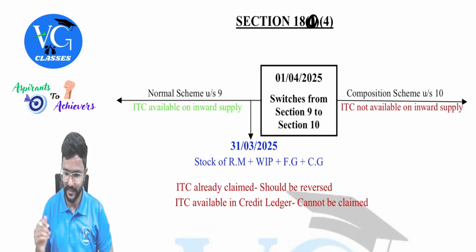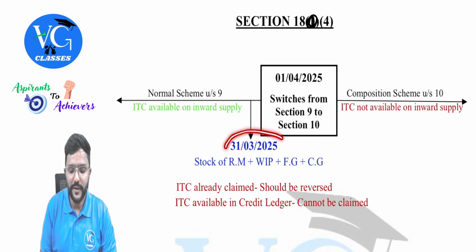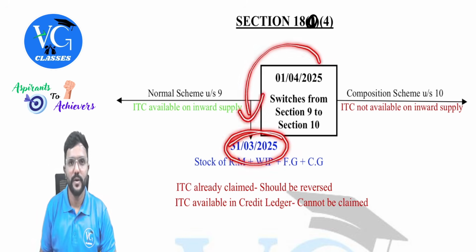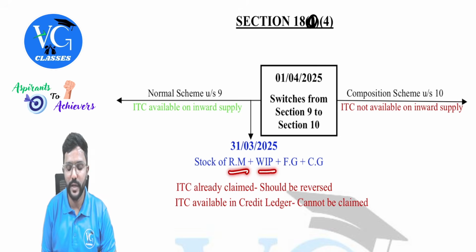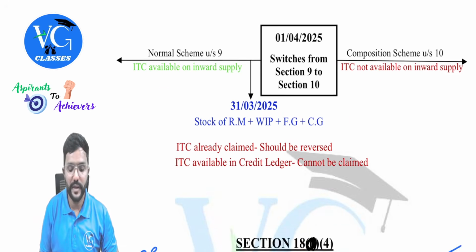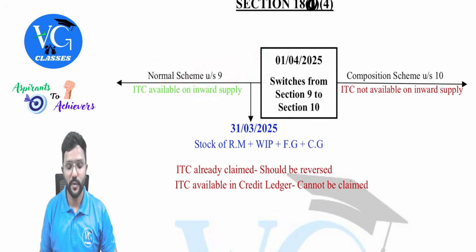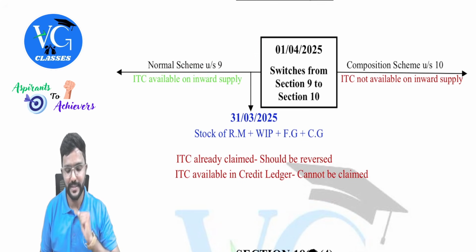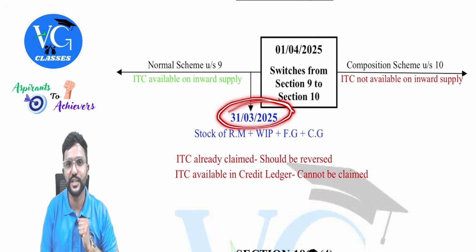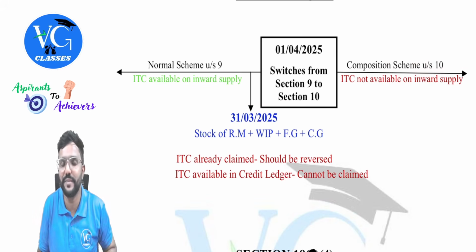Now what they are telling is, on 31st March, that is the preceding day, whatever stock of raw material, WIP, finished goods and capital goods is there, when it was purchased, he was under section 9, so he was eligible to claim credit. But when he will be using this stock on or after 1st April, he is under section 10, when credit is not available.